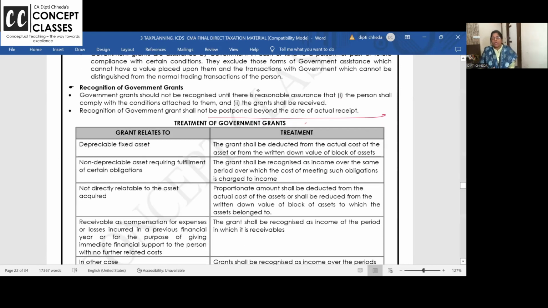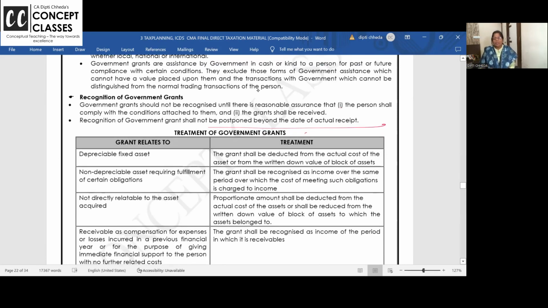Now grant received is income, but how do you treat it? Is it related to depreciable asset? Reduce from asset. Non-depreciable asset, defer it, like land and all, you can put it over 5 years in the P&L account and so on.